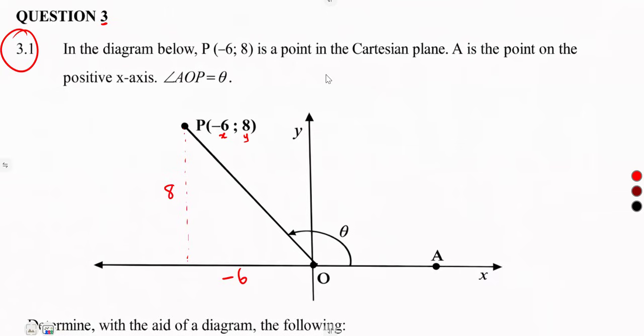It is a point on the Cartesian plane where A is the point on the positive x-axis. This is our A. And angle AOP is equal to theta. This is O and this is P.